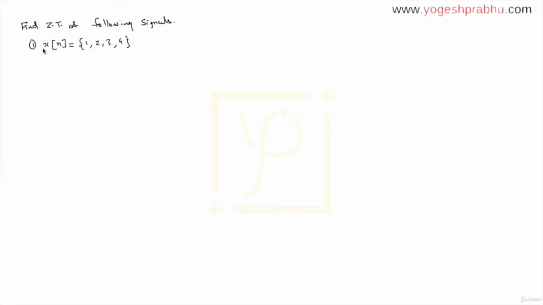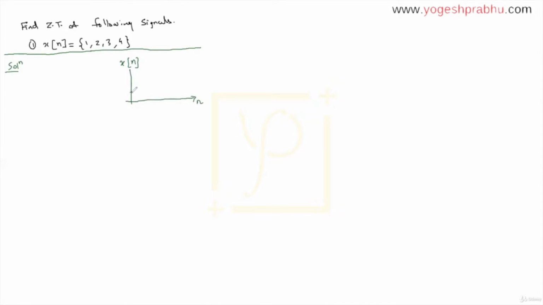Now let's see the first question where we have x of n, the signal given to us, and we are supposed to find out the Z transform. Of course, we have to find out x of z in this case. But before we start with the solution, I quickly want to explain how this x of n looks. If I have to plot x of n, the independent axis here is n, and the values of x of n are 1, 2, 3, 4.